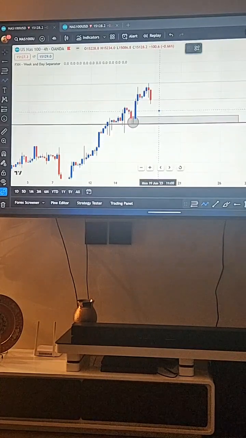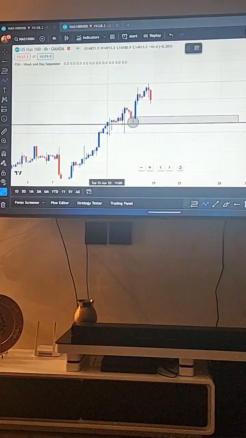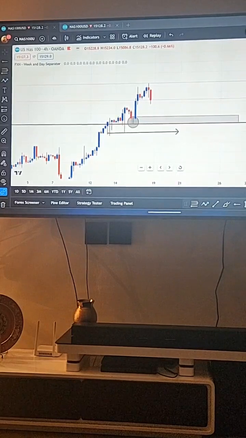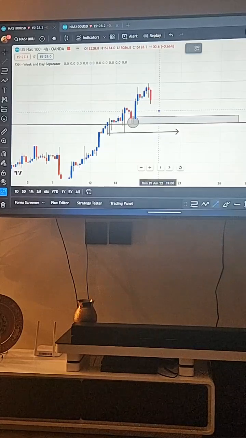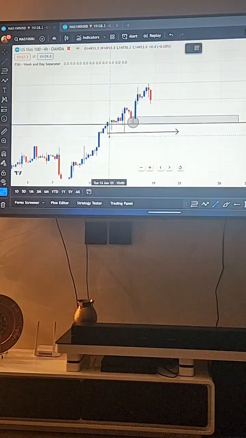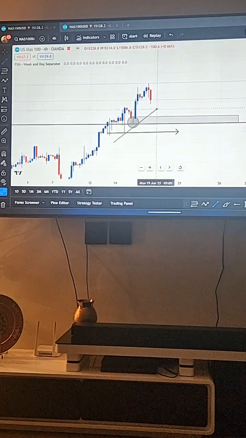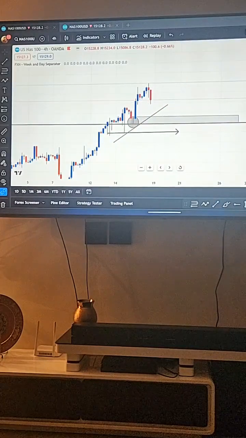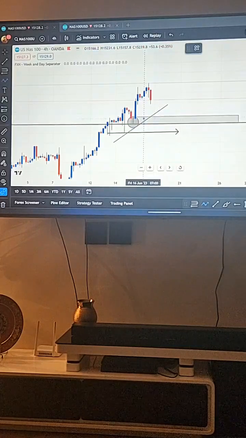We would then use this level as an inducement, right? So price would induce people to buy in there, thinking that there would be maybe a trend line sitting over here. Price comes into that trend line, and everybody believes that price is going to go higher.